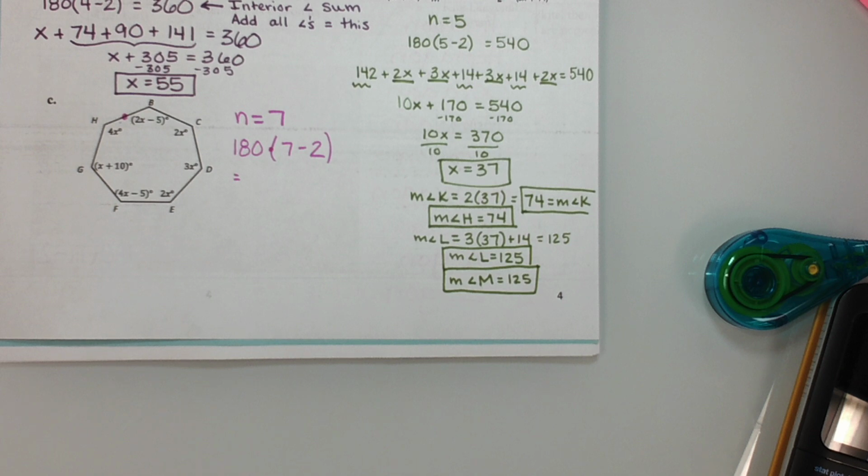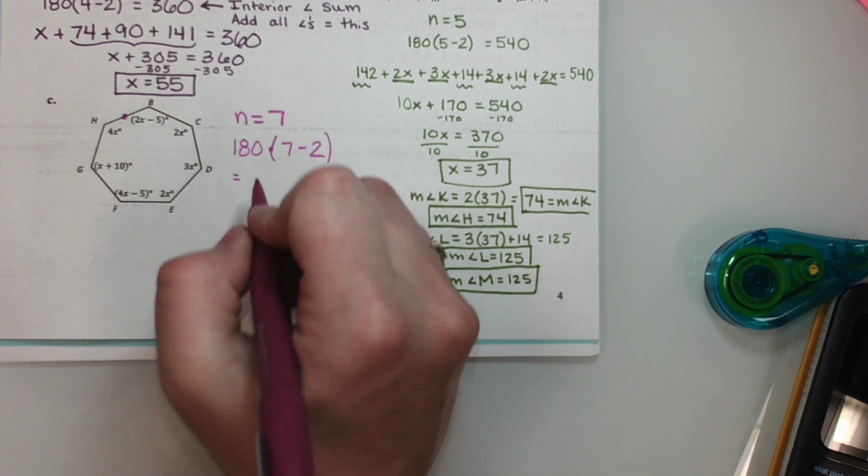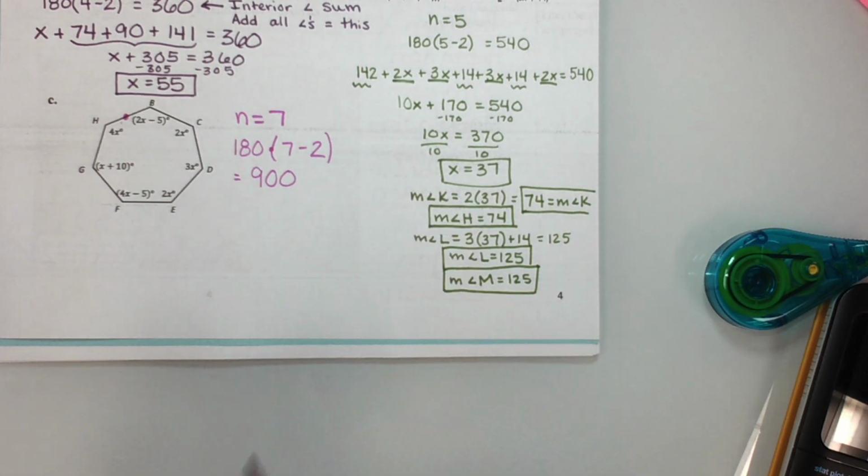Cam, what do we end up getting? 900. Indeed. And the last thing we're going to do is just write out the equation. Mariana, what does the equation look like?